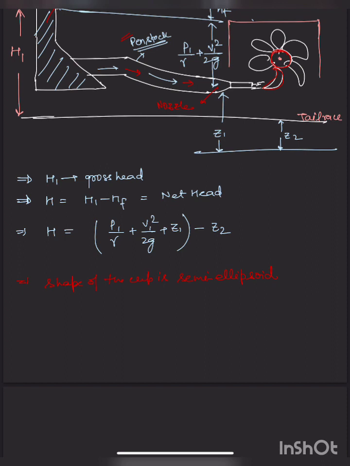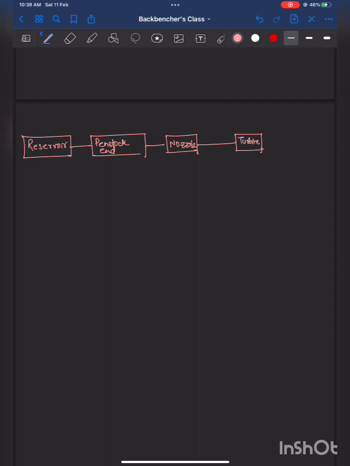Eventually it rotates. The head available at the dam is called gross head, and the head available at the penstock end is called net head, which is going to be converted into power. Here is a reservoir, and there is a frictional loss of head until the penstock ends, and then a head loss in the nozzle.